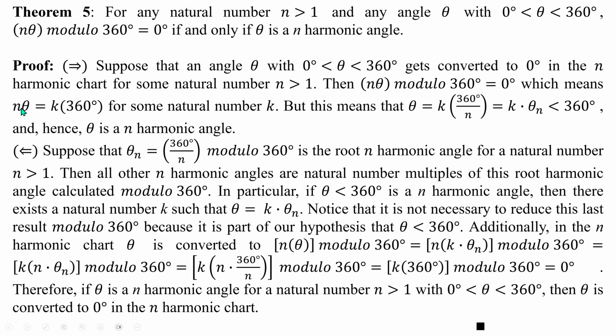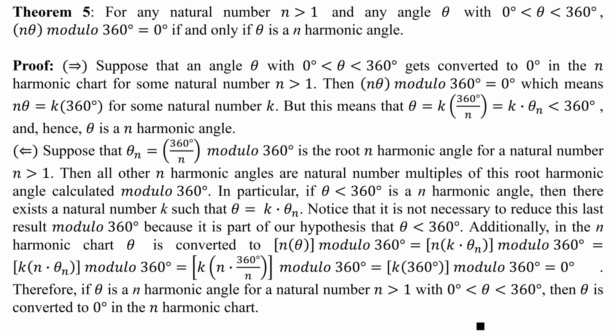Okay, but if you solve this equation for theta by dividing both sides by n, you get that theta is equal to k times 360 degrees over n. But 360 degrees over n, since n is greater than 1, comes out less than 360 degrees, and this is going to be equal to the root n harmonic angle, which we denote by theta sub n. So this is all equal to k times theta sub n.